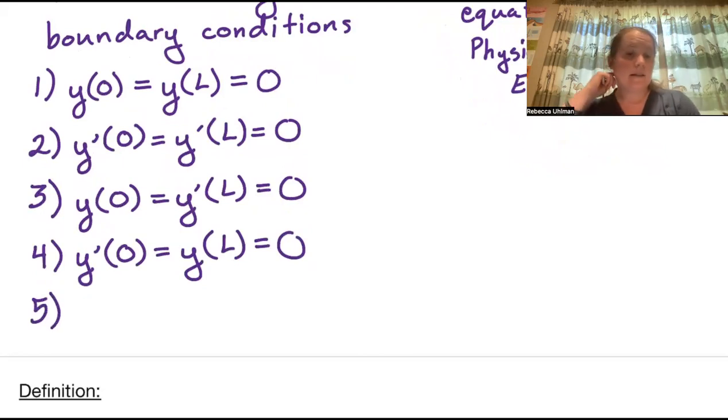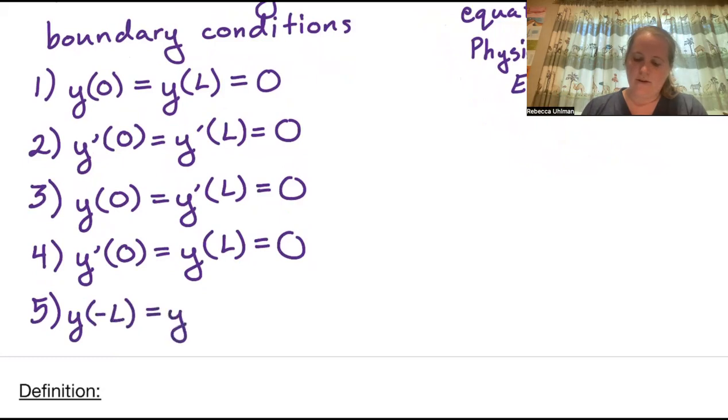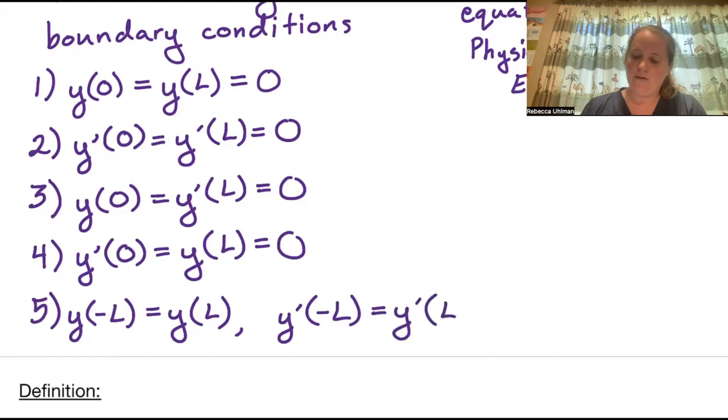Instead of going from 0 to L, we are going to go from negative L to L. And here we have y of negative L is equal to y of L as one condition for the boundaries, and our second condition will be that y prime of negative L is equal to y prime of L. So these are the possible different sets of boundary conditions we will be focusing on.